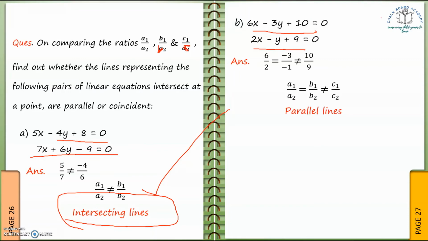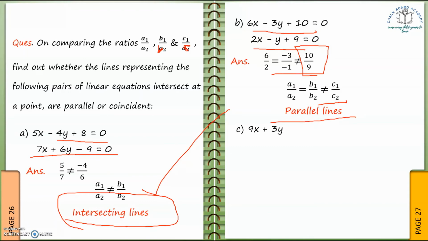So we move to the third ratio, c1 by c2, to check whether it is equal to them or not. If they are equal, we say coinciding, and if not, parallel. Here c1 by c2 is not equal to a1 by a2 and b1 by b2. So they are parallel lines.